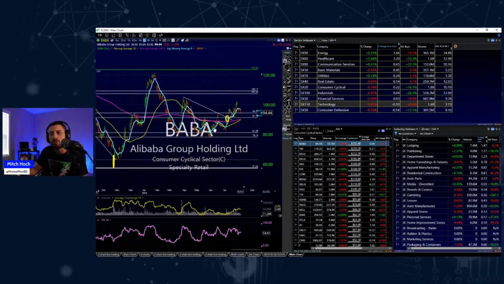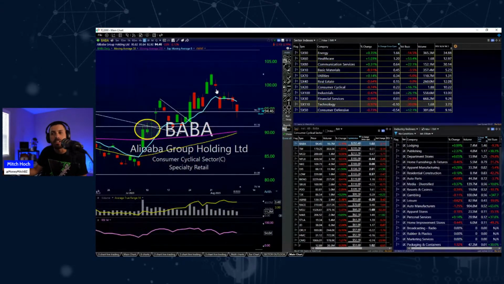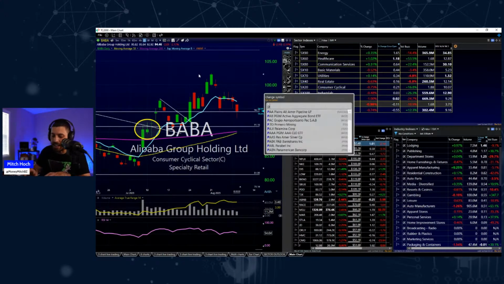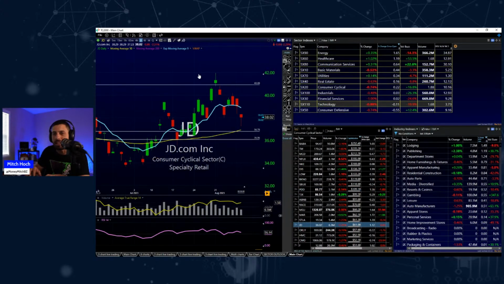One thing that is for certain is that eventually you're going to get some bigger buyers to step in here and maybe take a shot. The only thing is, will political concerns keep them out? That's one thing to take a look at. We'll see what happens on Baba. If it can get that lift, PDD would be moving with that stock. JD also. By the time we come in the morning, we'll have a better understanding of these China stocks.